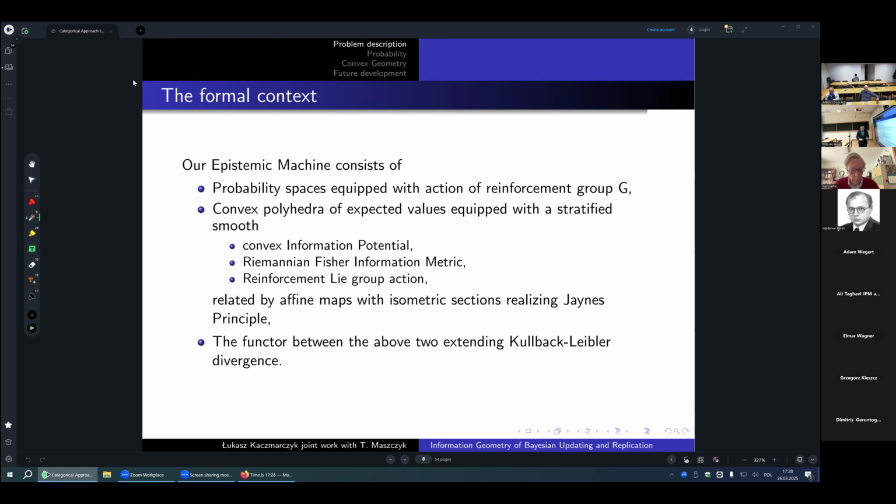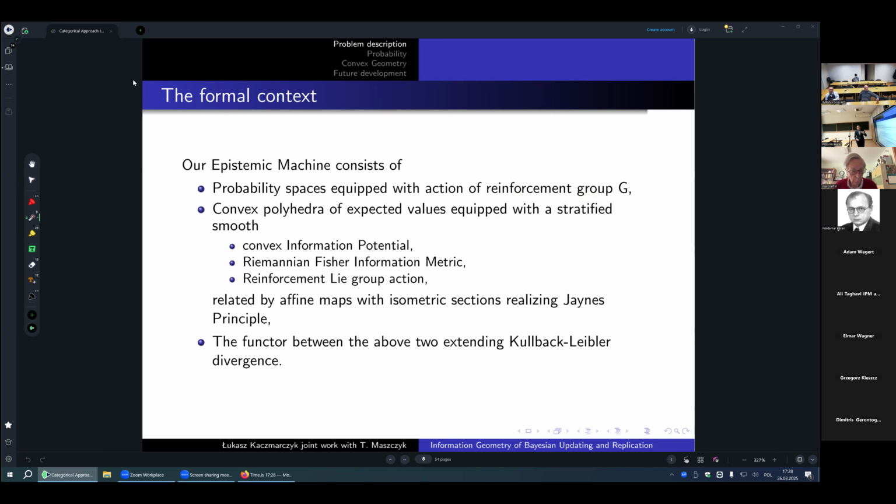So first of all, we will need some probability spaces and functions of reinforcement group on them. This is at the very beginning, at the very first state where we have the probability measures on F before any expected values and any collapse has even happened.